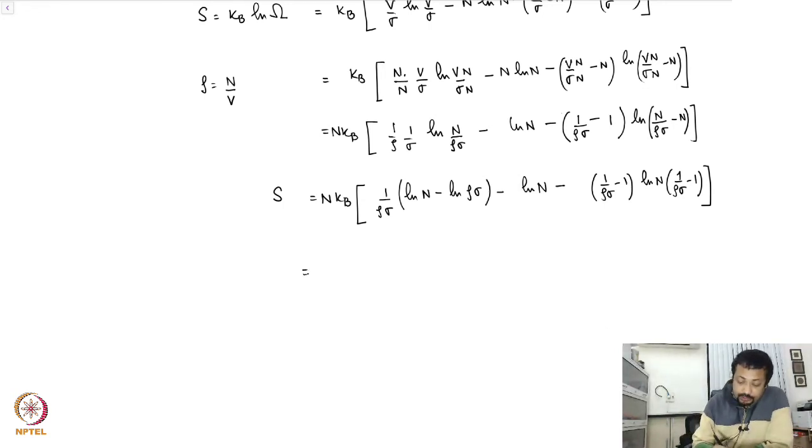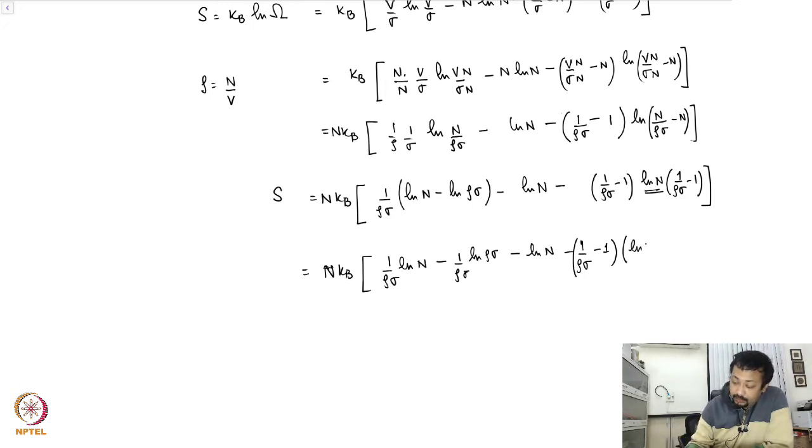So this is nKb 1 over rho sigma ln n minus 1 over rho sigma ln of rho sigma, minus ln of n. I have minus 1 over rho sigma. Let's open the bracket over here. Okay, let's just do it step by step so that we don't make any mistake.